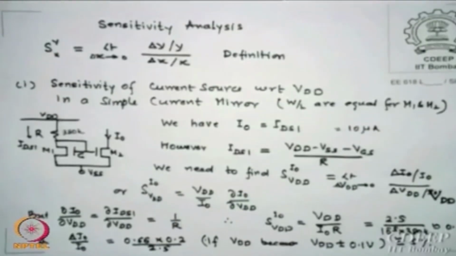This is essentially why we are looking at this, because we constantly say I want a constant current source. Now this constant word, how much constant? So what should be the idea here, should the sensitivity be larger or smaller? As small as possible, because I do not want the current to change with a change in VDD, or only a very small change in I0 with reference to a large change in VDD.